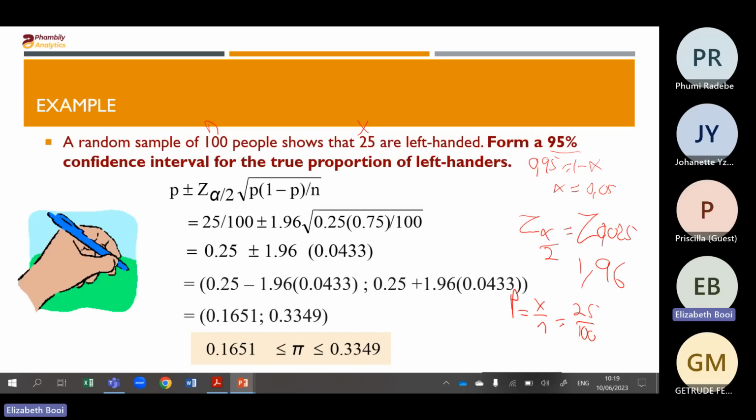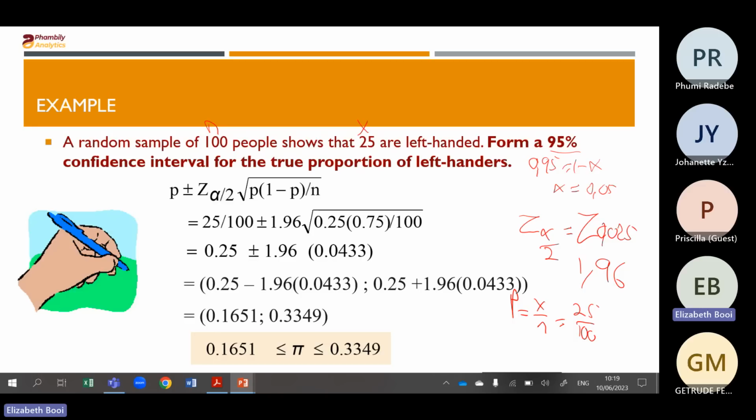Or I can write it in this manner. It still says our population proportion lies between 0.1651 and 0.3349. And that is how you would find the confidence interval for the proportion.